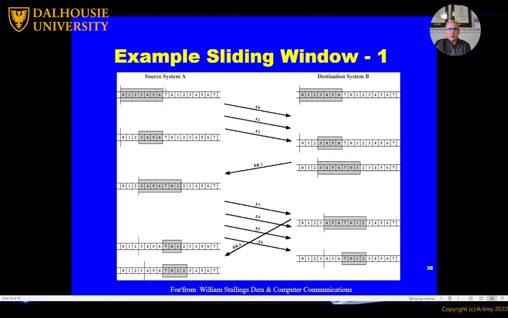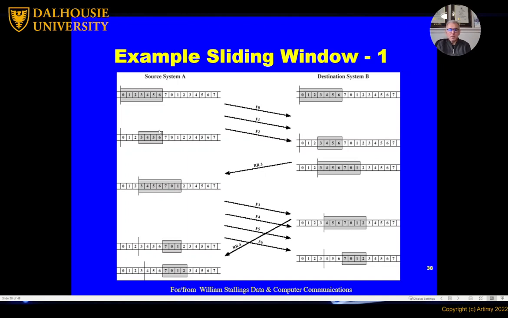So the source sends frame 0, frame 1, frame 2, and it shrinks its sliding window accordingly. So 0, 1, and 2 are no longer part of the window. They are already sent. B also, every time it receives a frame correctly, it shrinks its window.